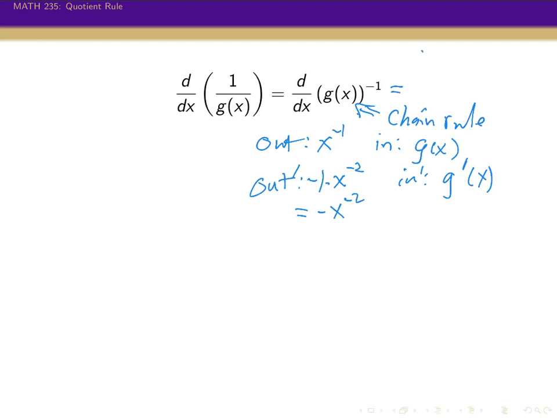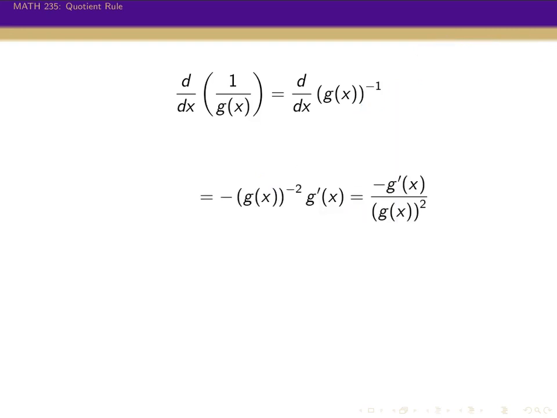This is going to be the derivative of the outside with the inside plugged in times the derivative of the inside. So our derivative of the outside is minus x to the minus 2, and we can plug the inside in there, just g of x, and then multiplied by the derivative of the inside, which is g prime of x.